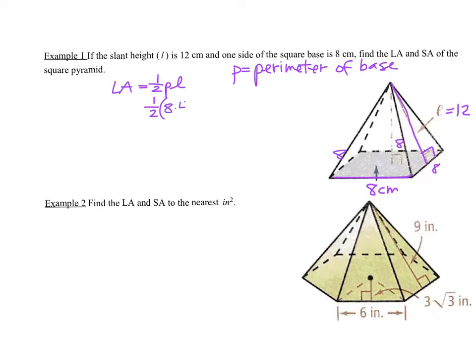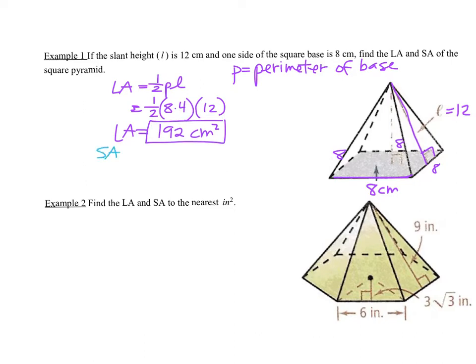So 8 times 4. And then my slant height, which is 12. And now you can just literally plug that into your calculator, 1/2 times 8 times 4 times 12, and you will get 192 square centimeters. Okay, so that's your lateral area.